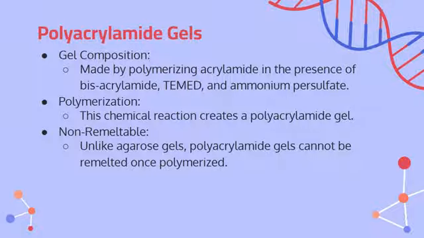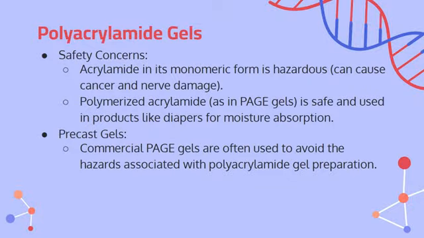It is non-remeltable, so unlike the agarose gel that we make for horizontal chambers, the polyacrylamide gel cannot be remelted once it's polymerized. Once you have made it, it stays in that shape and you cannot reuse it.